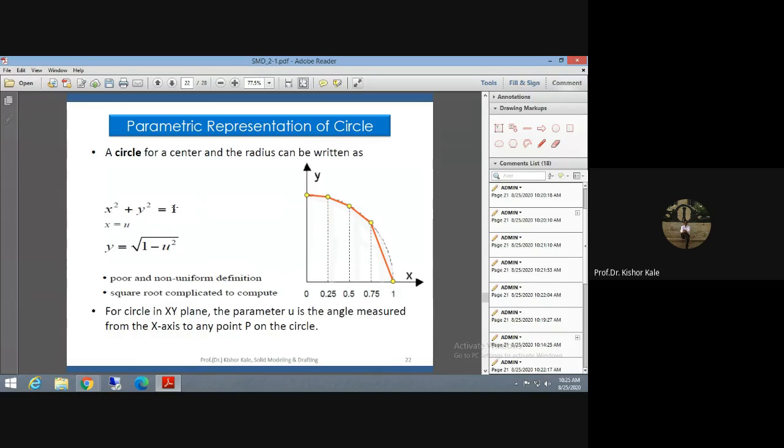Now which type of equation is this? Parametric form, explicit form, or implicit form?